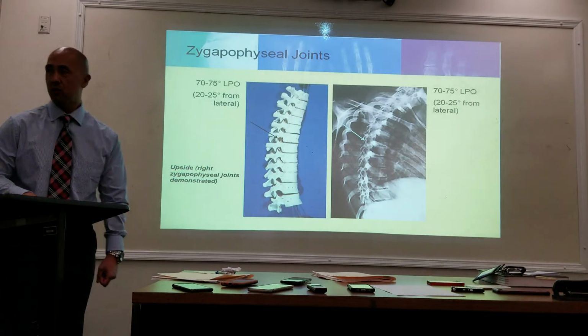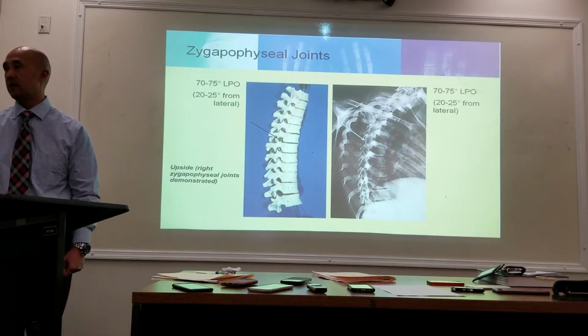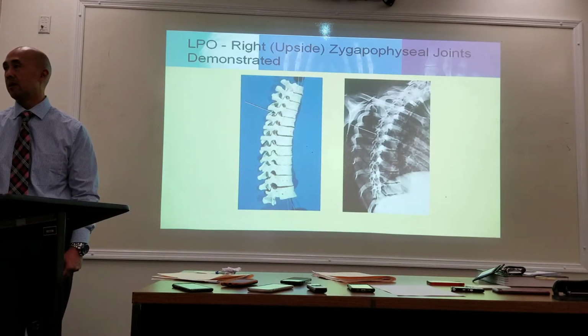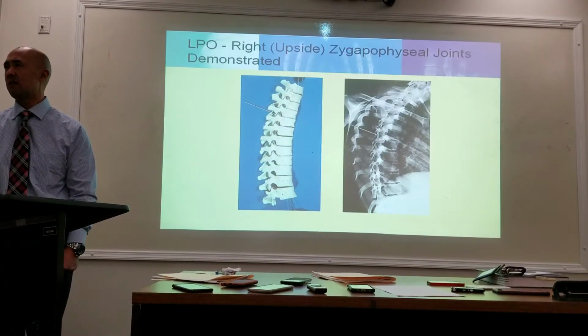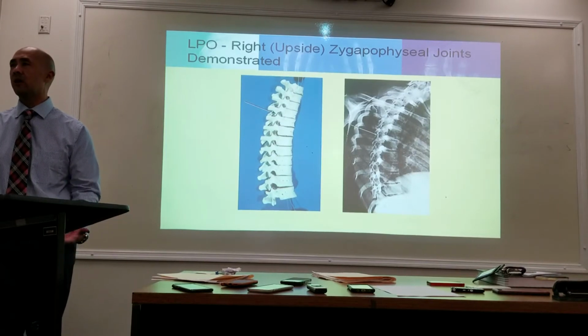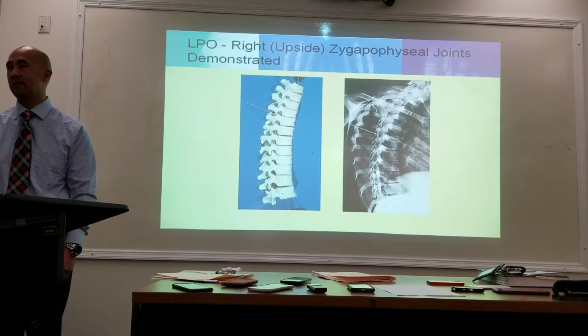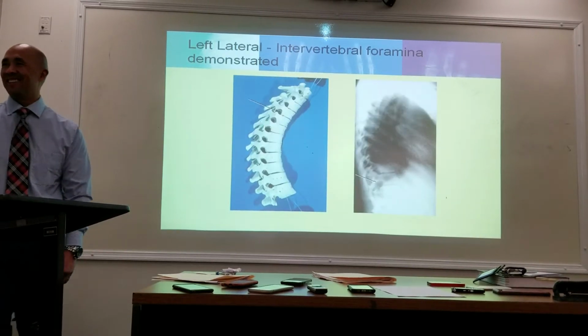Okay, so that's for the zygapophyseal joints. So LPO, we look at the right. RAO, we're looking at the left. Did I say that right? Sorry, with the LPO you're looking at the right, and RAO, you're looking at the right. You are so right. I am so right. Okay.